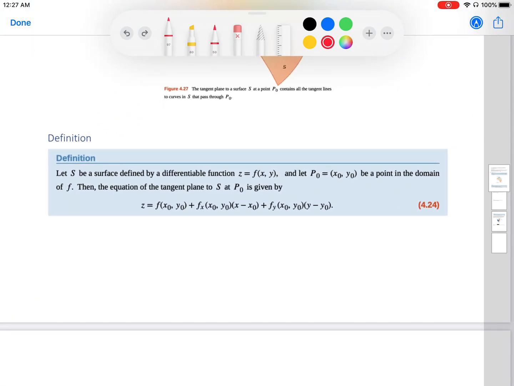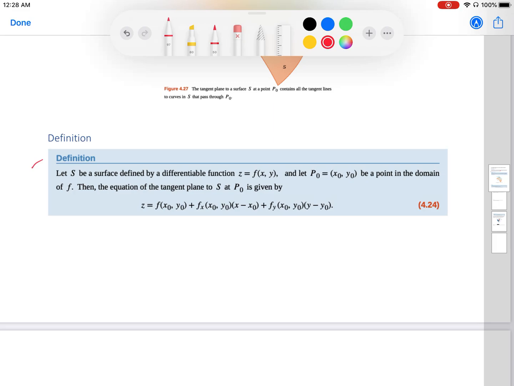Next definition. Let S be a surface defined by a differentiable function z equals f of x comma y, and let P naught equal (x naught, y naught) be a point in the domain of f. Then the equation of the tangent plane to S at P naught is given by z equals f of x naught, y naught, plus f sub x of x naught, y naught times x minus x naught, plus f sub y of x naught, y naught times y minus y naught.